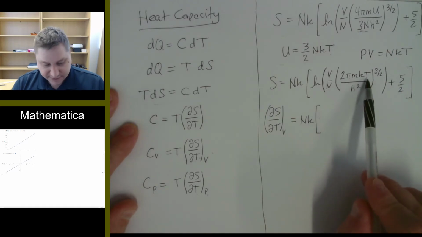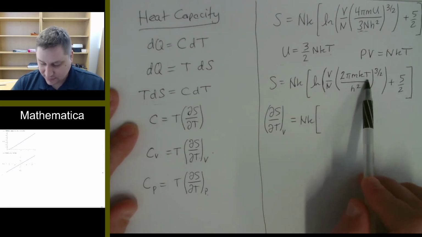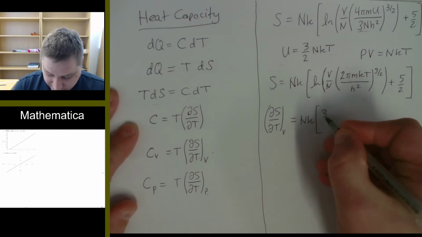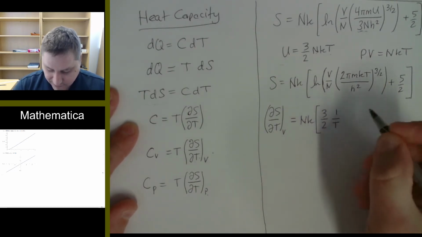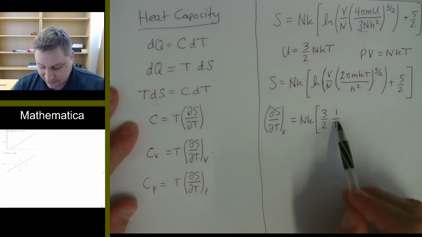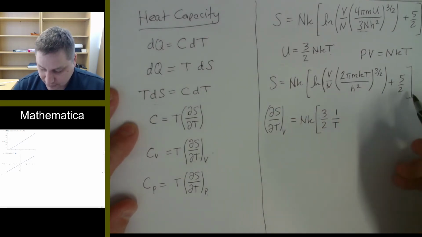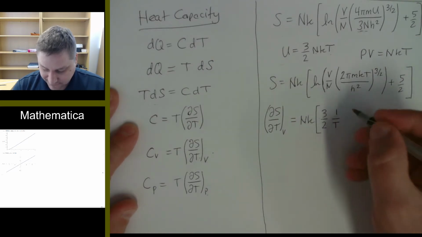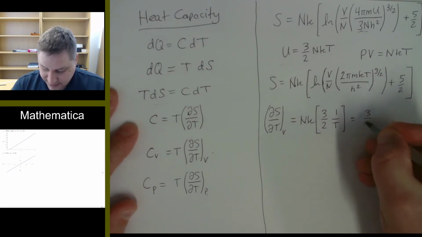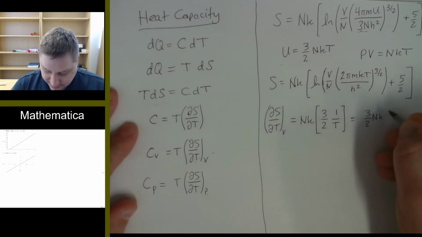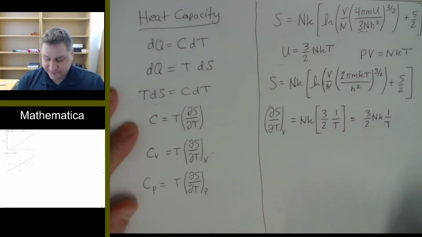We're only interested in the T to the 3/2 power. So that derivative is going to become 3/2 times the derivative of natural log of T by itself, so 1 over T. This 5/2 has no T in it, so that is it. So 3/2 nk times 1 over T.